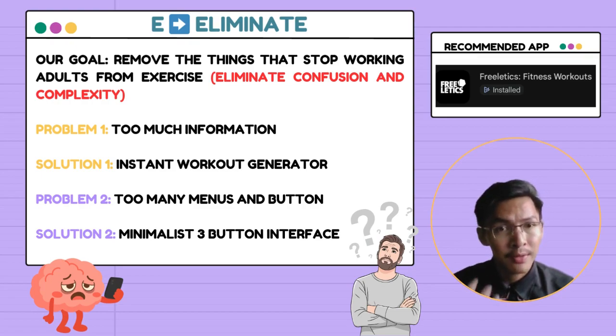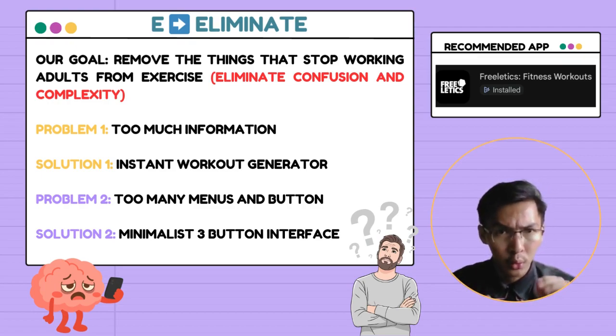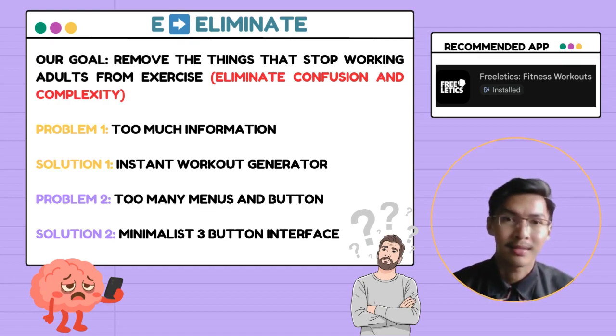So based on the previous input that we got from our clients, we have decided that our IT solution must eliminate two main problems that stop people from starting to work out. I will explain in more detail regarding the main problems and the solutions in the next slides. Let's go.